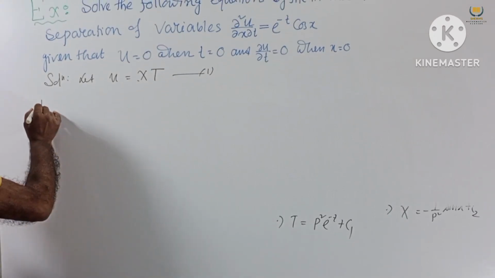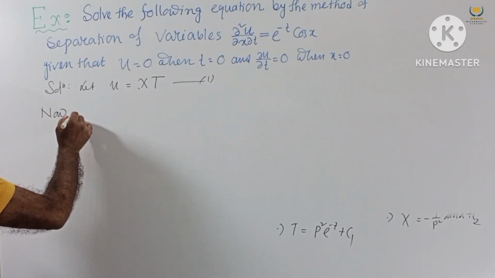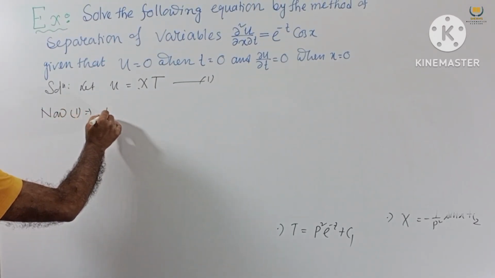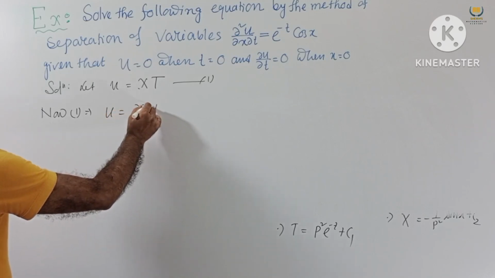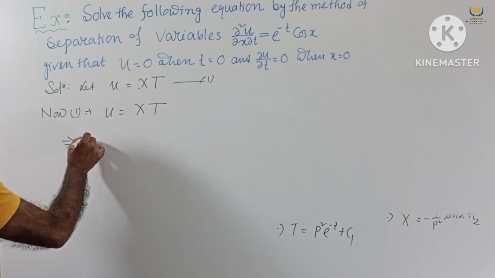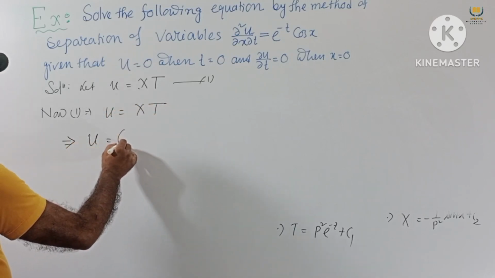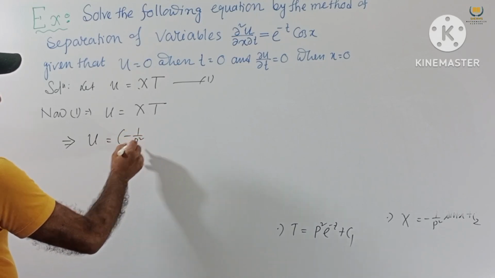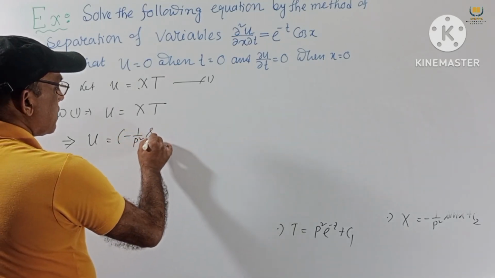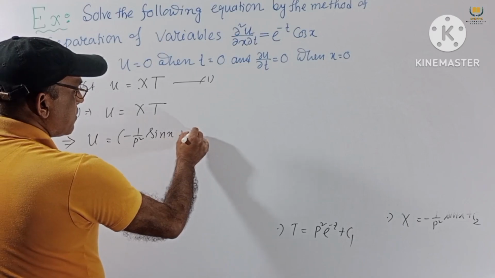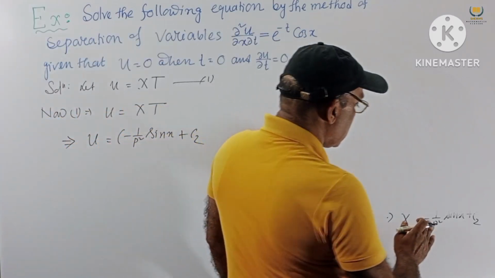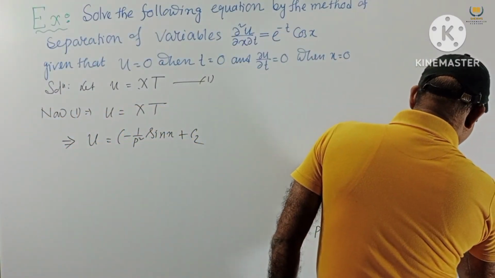Now 1 implies, in 1, u equal to xt, which we initially considered. So u equal to x means minus 1 by p square sin x plus c2.